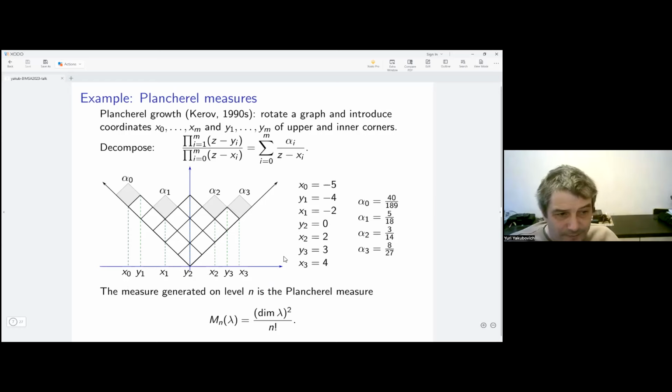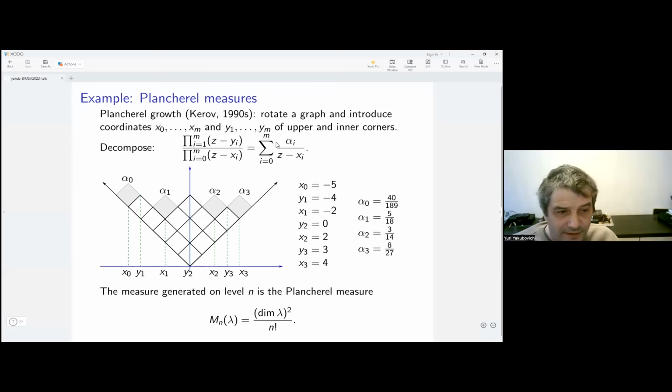And then we consider the following function of z, and this is a ratio of two polynomials, and then we can decompose it as a sum of simple fractions, and just by multiplying by z, we see that the sum of these alphas is equal to 1 after letting z go to infinity.